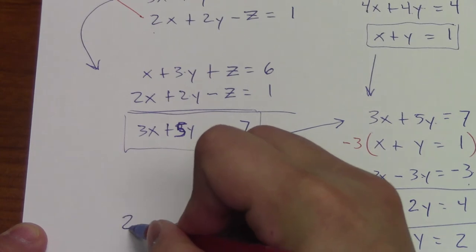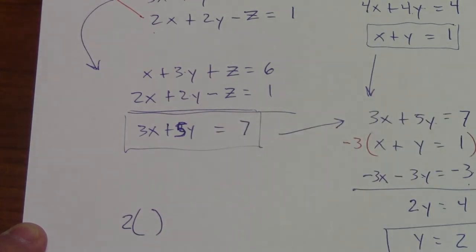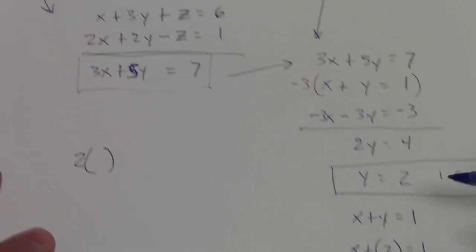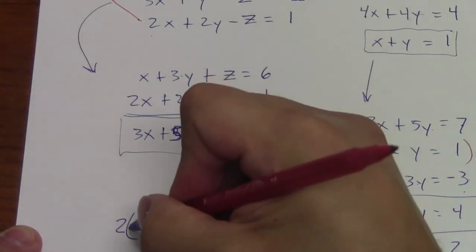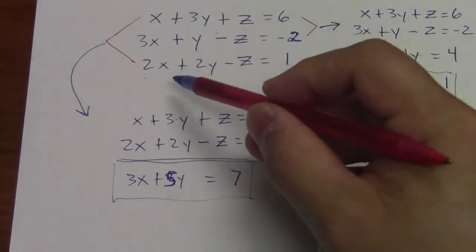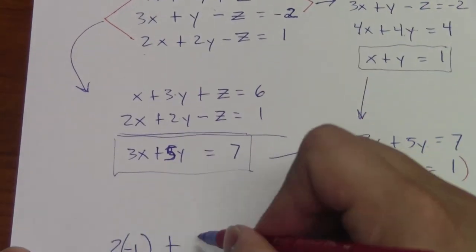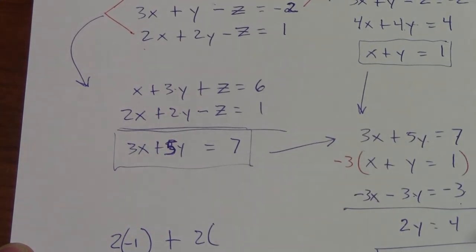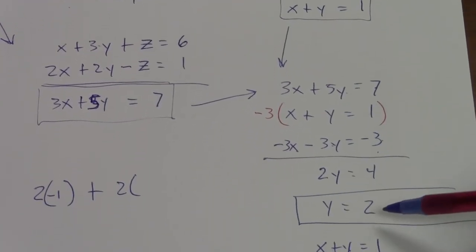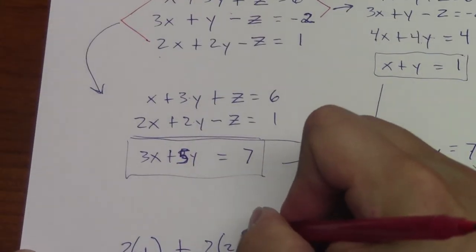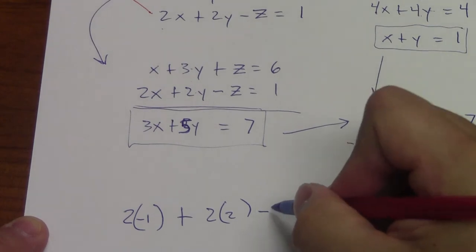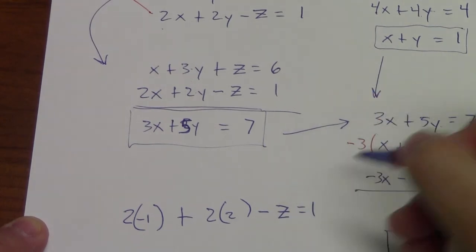So I've got 2, and then whatever my x is. I already said my x is -1. So 2 times -1, plus 2y. We said y was 2, so I'll plug 2 in there. And then minus z equals 1.